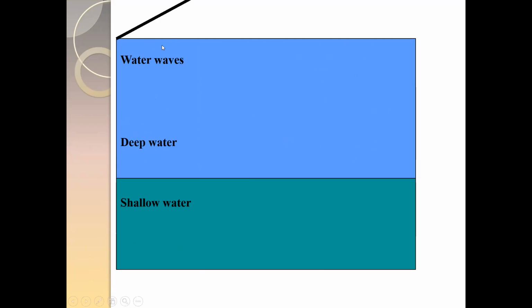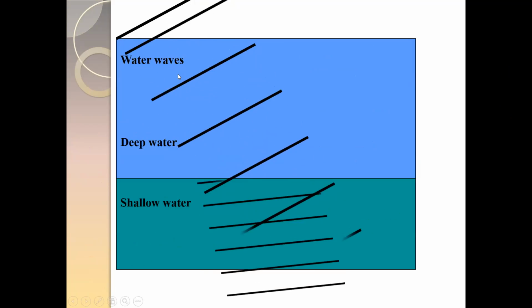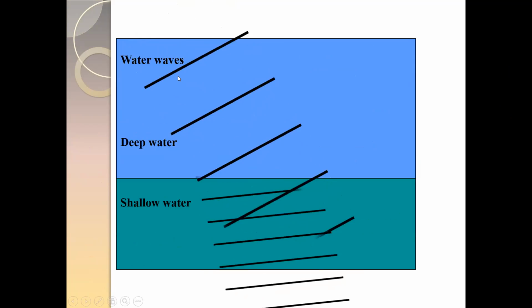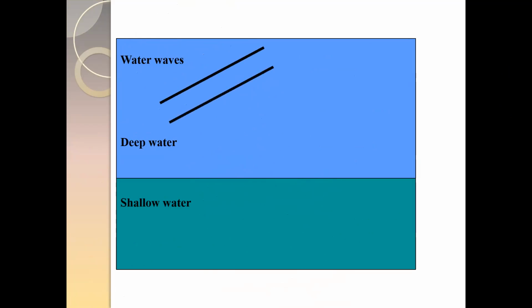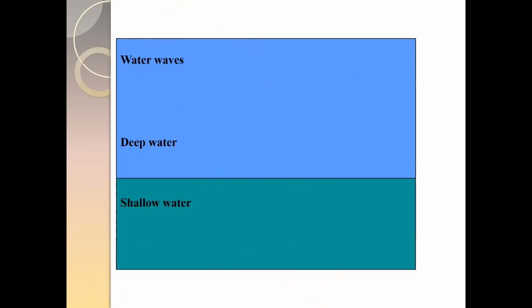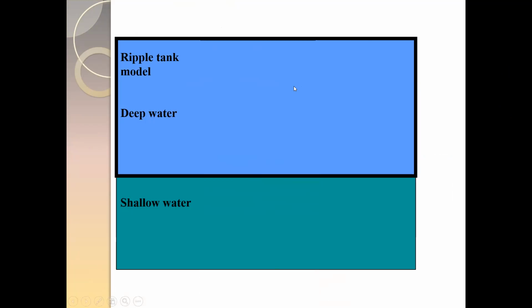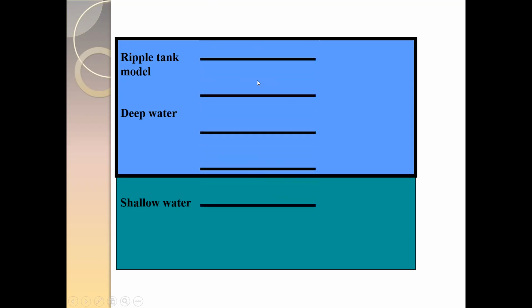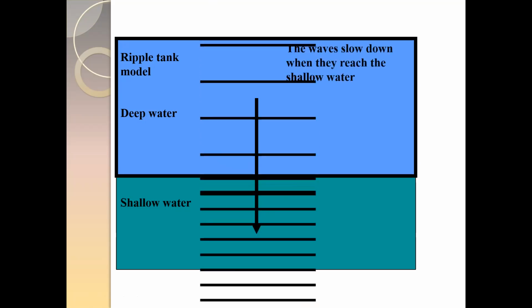If a wave is making a certain angle, for example, it is coming in at an angle, then when the wave travels from the deep region to the shallow region, what we will observe is that the wavefront will slow down and it changes direction as well. In the previous example, it was not changing direction as it was coming directly towards the boundary, so only speed and wavelength changed.